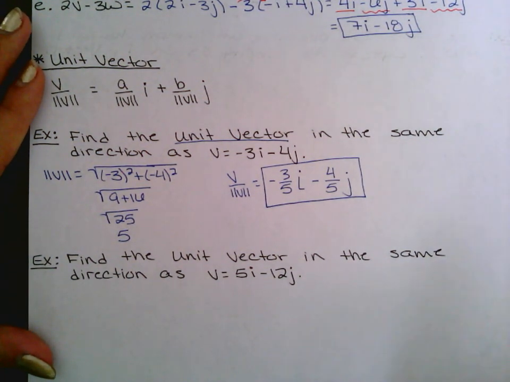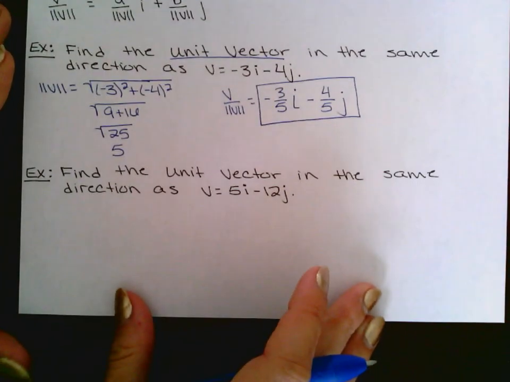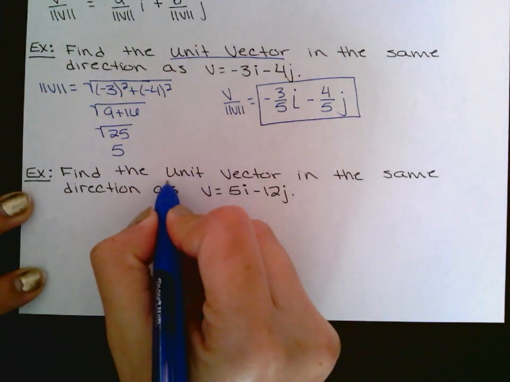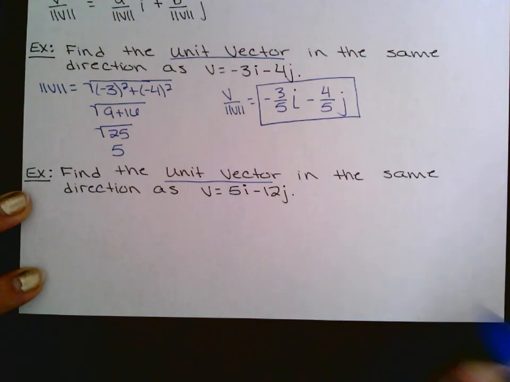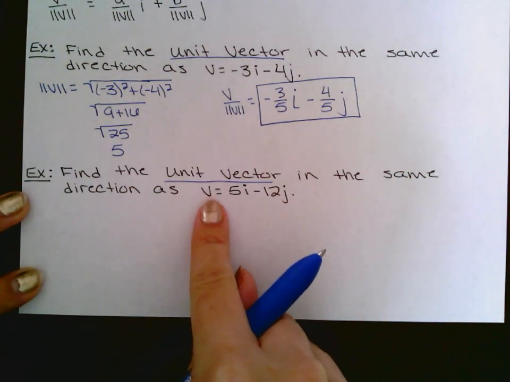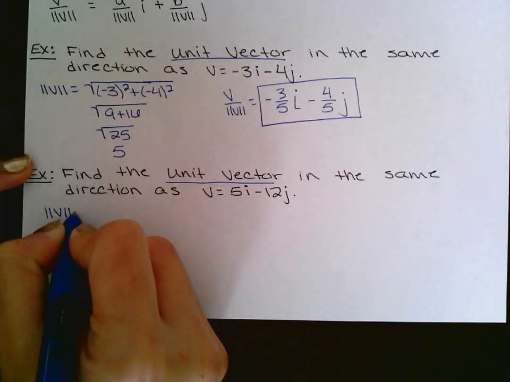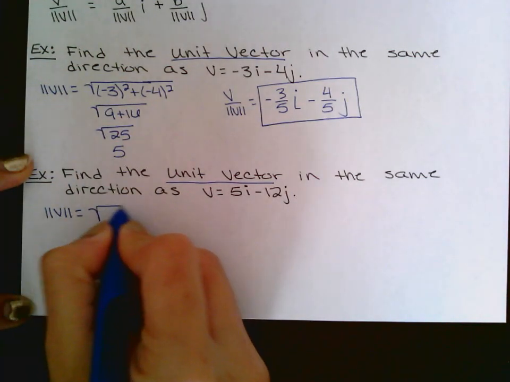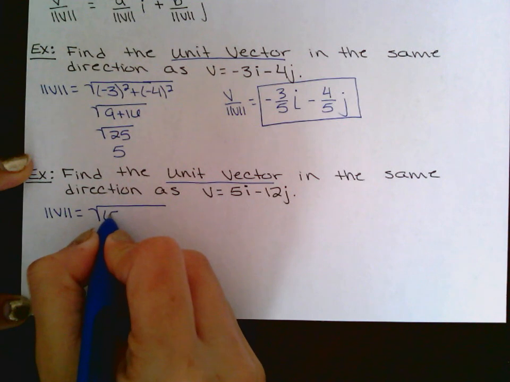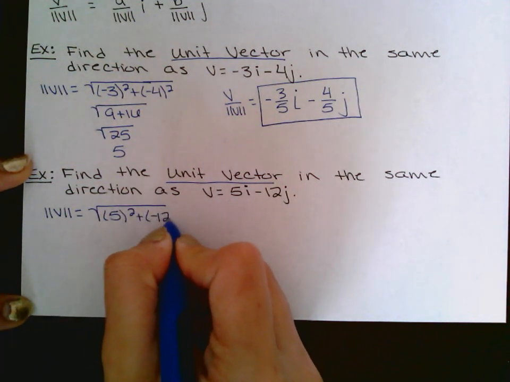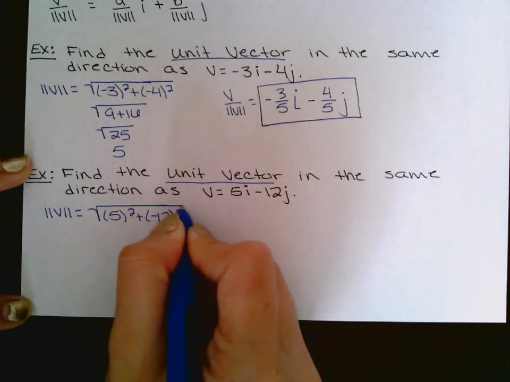Let's check out the next one. Again, I encourage you to pause, try it on your own. Find the unit vector in the same direction as this vector v. Step 1, find the magnitude, which is my a squared plus my b squared.